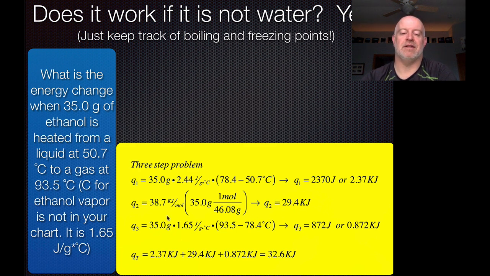In part 3, I'm back to the mass again. I have my new specific heat capacity for a gas of ethanol now. I went from 93.5 to 78.4 as my temperature change, and I got 0.872 kilojoules. I added those things all up, and I got 32.6 kilojoules of energy change for this to happen, okay? There we go, all right?